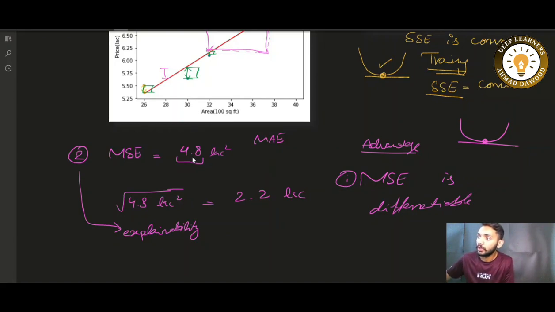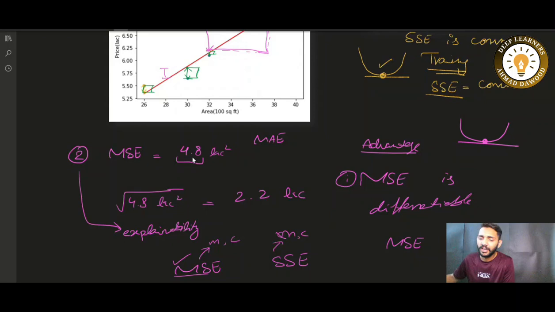So if your MSE is minimum at some parameters, then SSE must also be minimum at these parameters, because it is just a division in the case of mean.